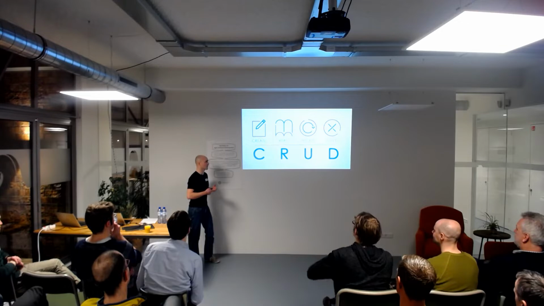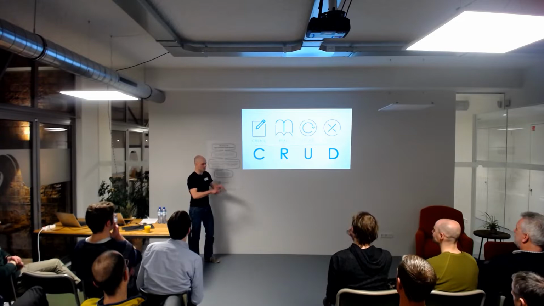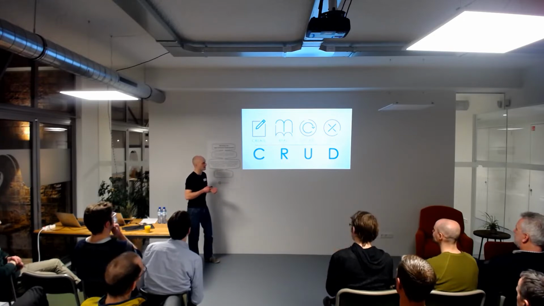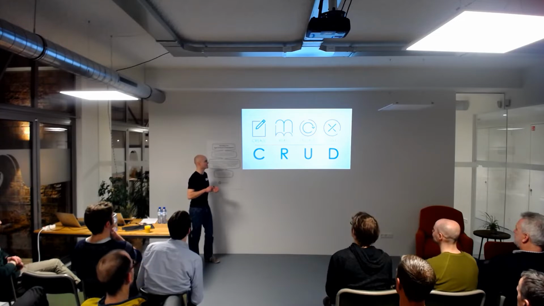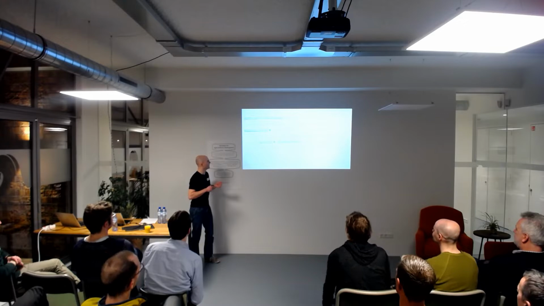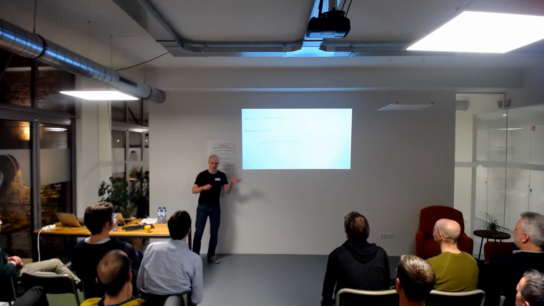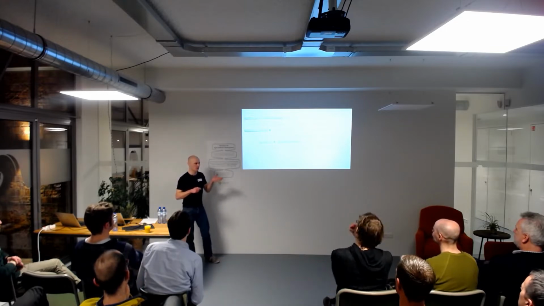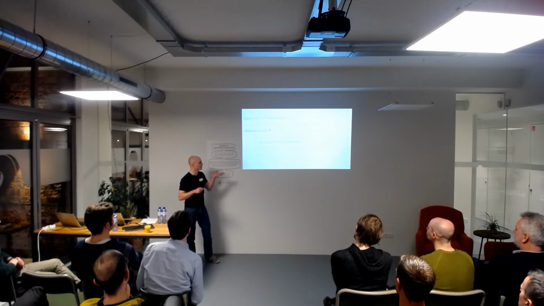So we spend a lot of time simply defining our entities, defining our schemas, and writing boilerplate code so that we can do this stuff. But can we make it simple in Rust? So what we did is we made a little framework that implements these CRUD operations really easily.